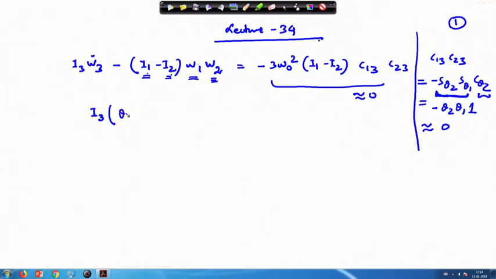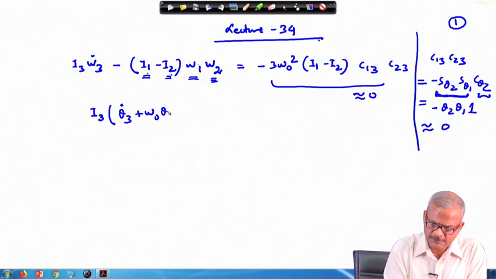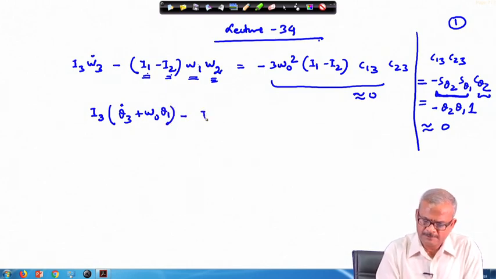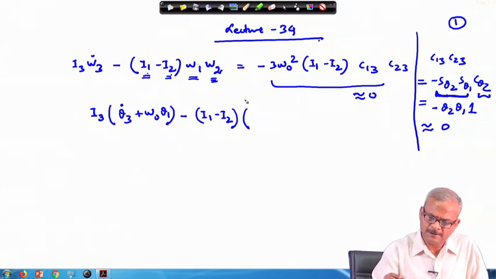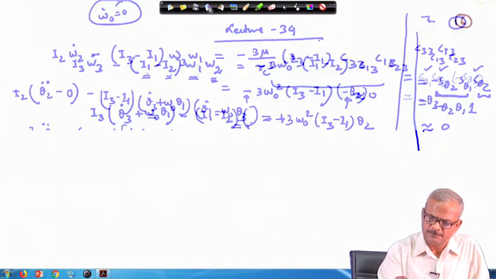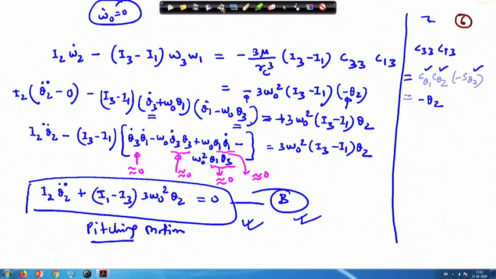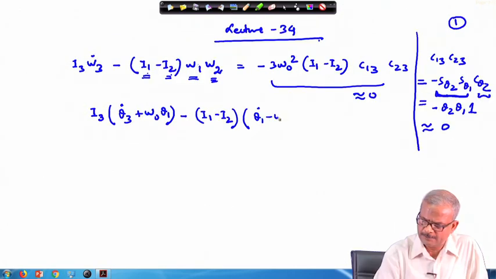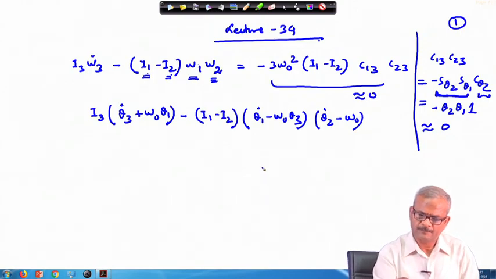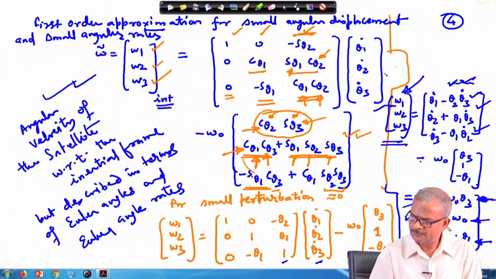So, theta 3 dot plus omega 0 theta 1, minus (I 1 minus I 2) times omega 1 omega 2. So, omega 1 and omega 2, again we have to pick up from this place. Omega 1 is theta 1 dot minus omega 0 theta 3, and omega 2 is theta 2 dot minus omega 0.